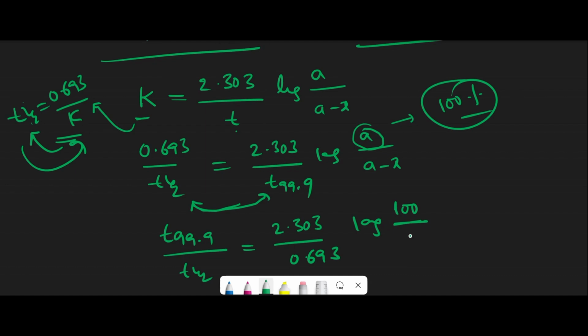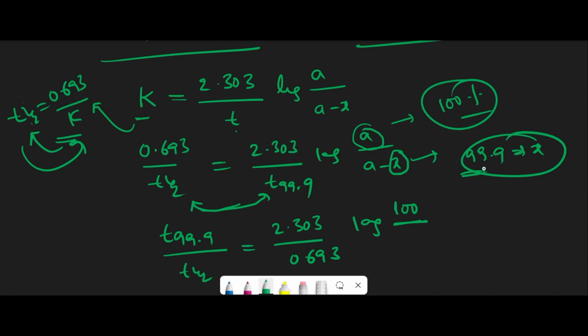And he is asking about the amount that is 99.9% completed, that means x is 99.9.